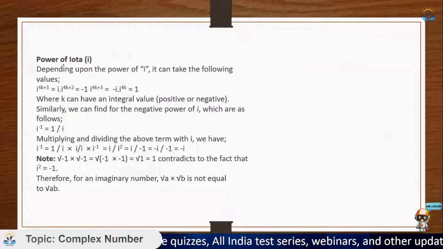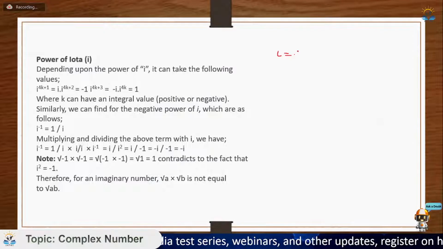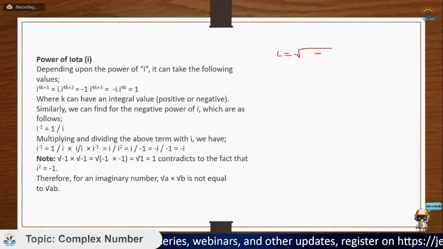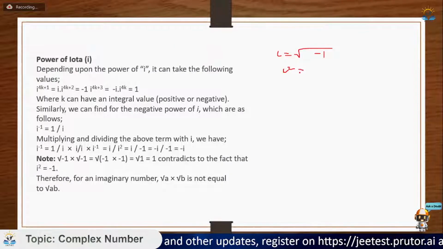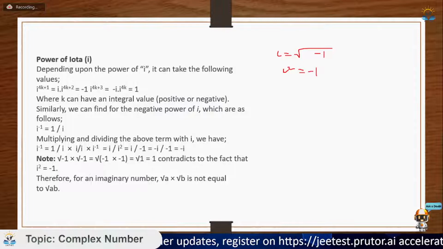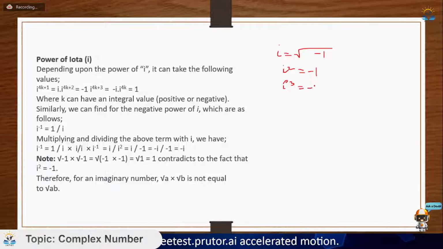After that, the powers of iota I told you. Iota is root of -1. Iota is nothing but root of -1. Then iota square is -1. Iota cube would be minus iota, because 1 iota multiplied by -1 would be minus iota. And then iota power 4 would be minus iota into iota, and iota square is -1, so basically this would be 1.